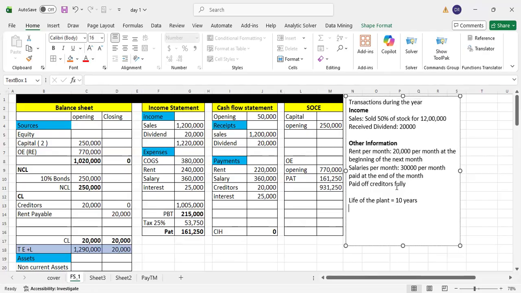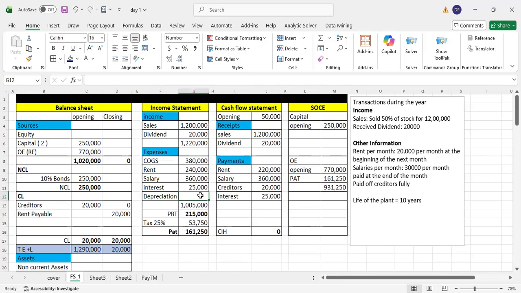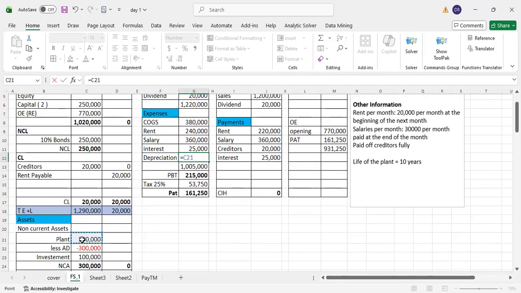And this is as per Ind AS 16. Depreciation is a reduction in the value of the asset. And because of the matching principle, you are bound to show depreciation in the income statement.